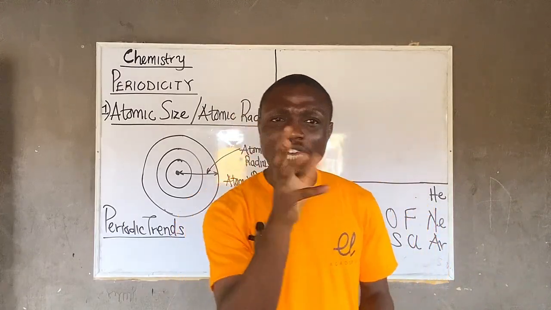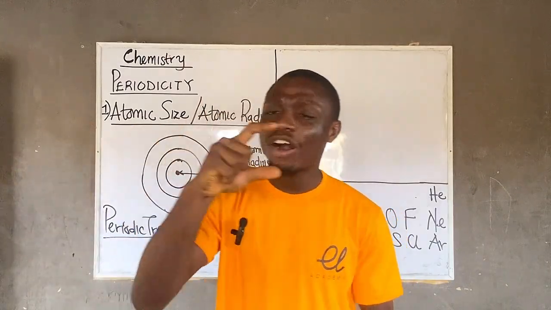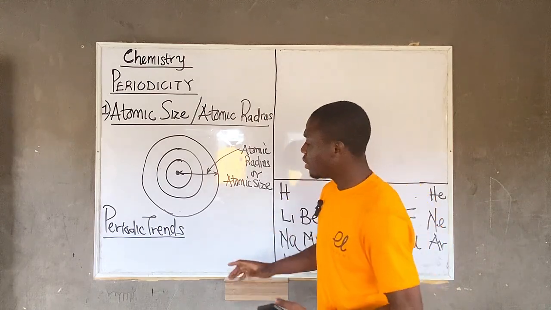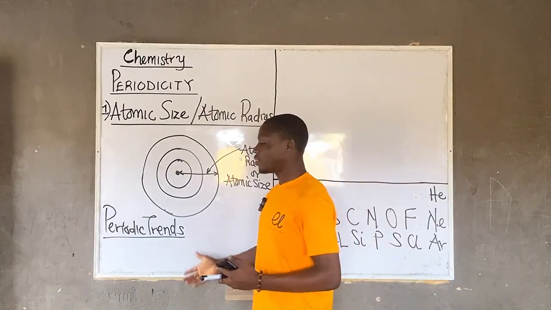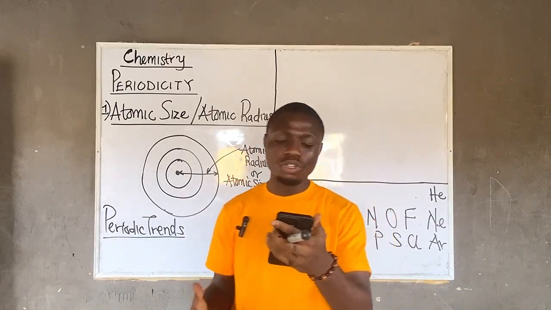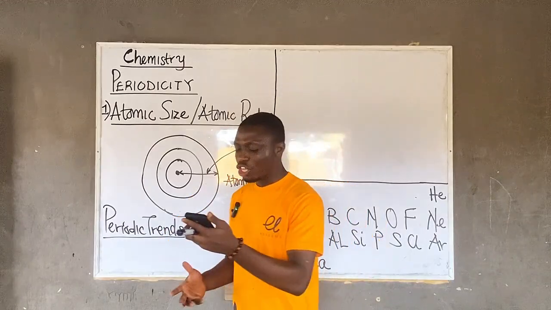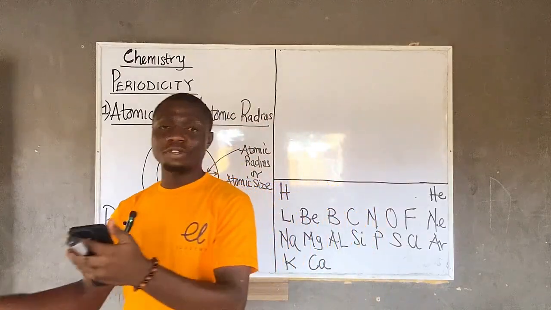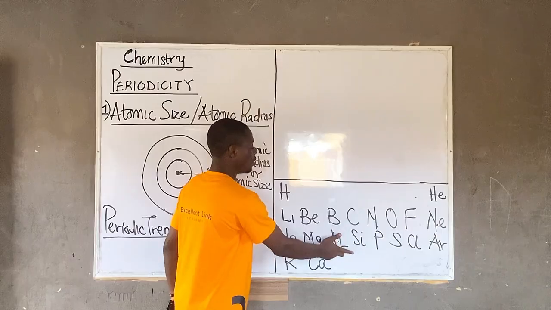Check the English. It is across the period, not group, and then down the group. So these are the two concepts behind periodic trends. It's focused on the regular and predictable pattern of change in the properties of elements as you move across the period or down the group in a periodic table.